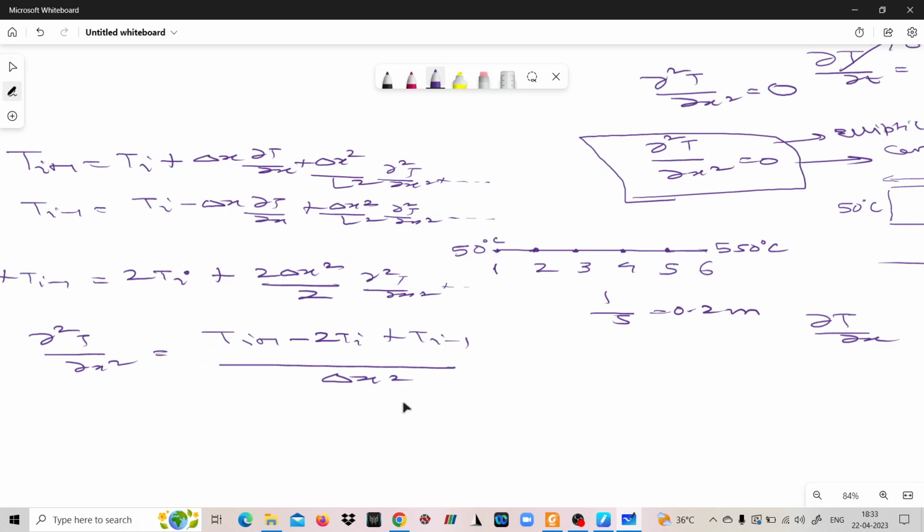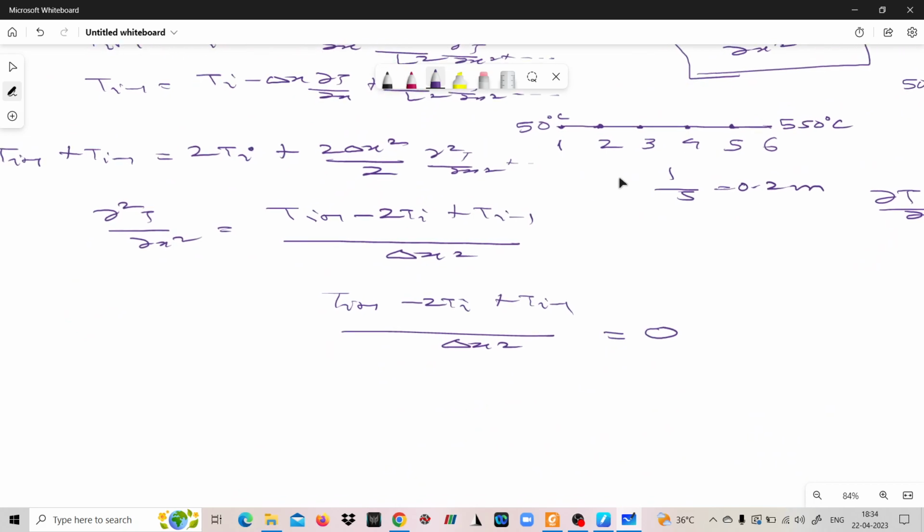Now what you need to do is (T_{i+1} − 2T_i + T_{i-1}) divided by Δx² is equal to 0. Now from here T_{i+1} − 2T_i + T_{i-1} equals 0.